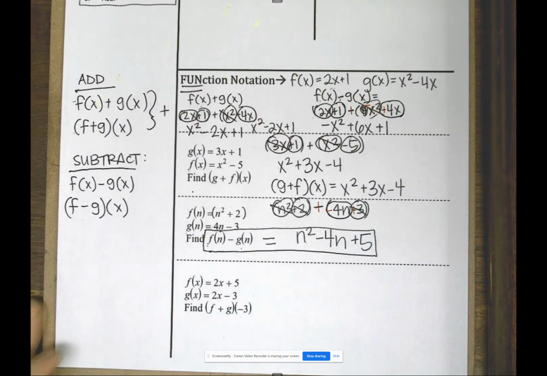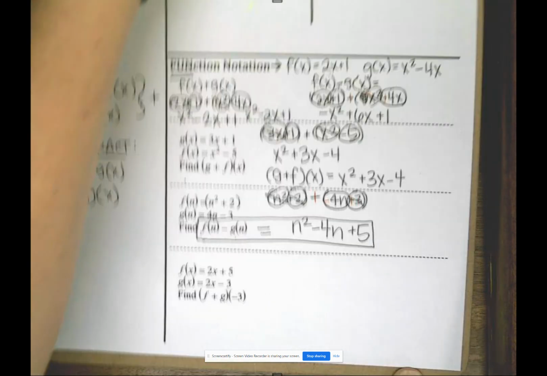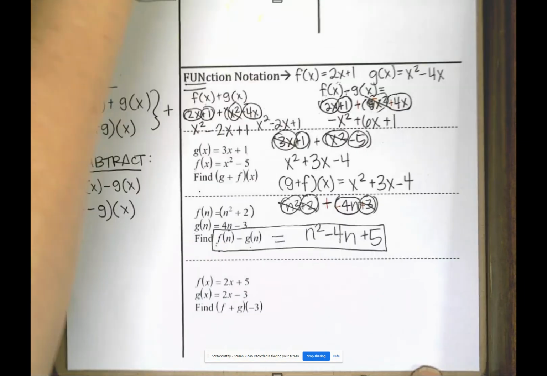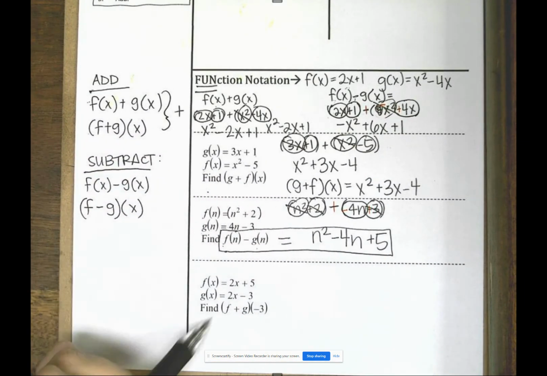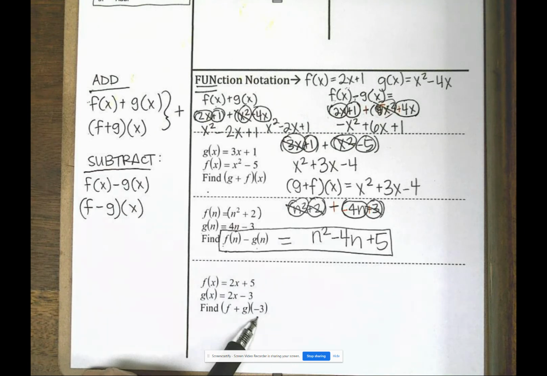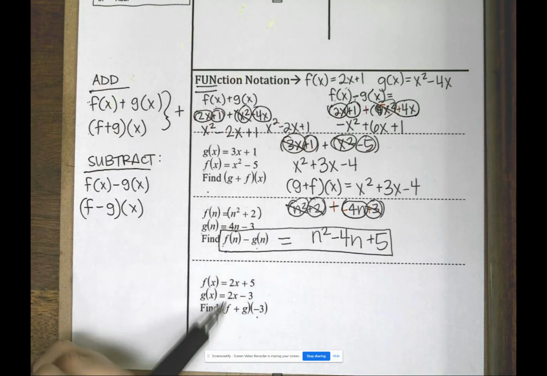All right, the last way you're going to see this problem, make sure you guys can see the bottom right there. Last way you're going to see this problem is, if you'll notice this time through, it doesn't say x anymore. We actually have a value for x now. They want us to add these two functions together, f of x plus g of x.